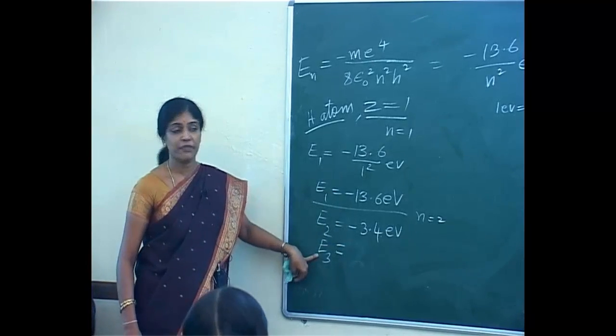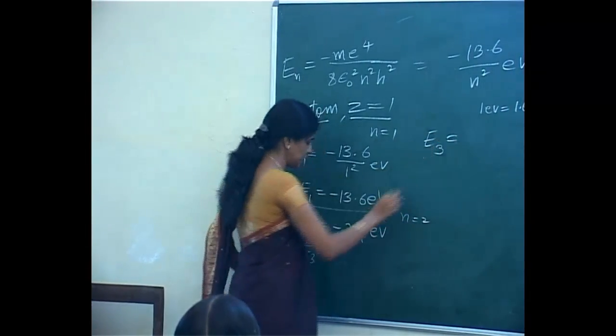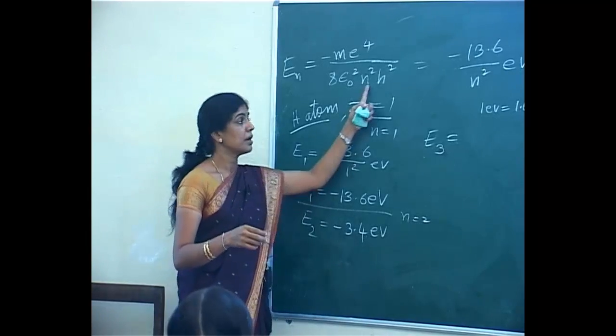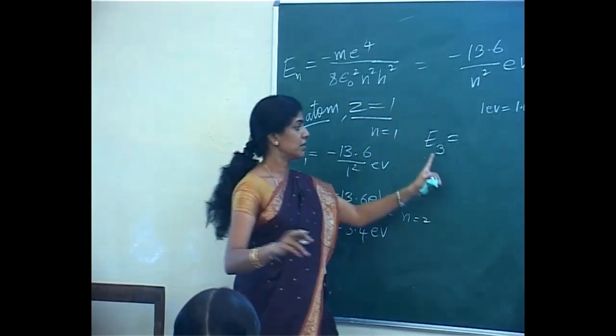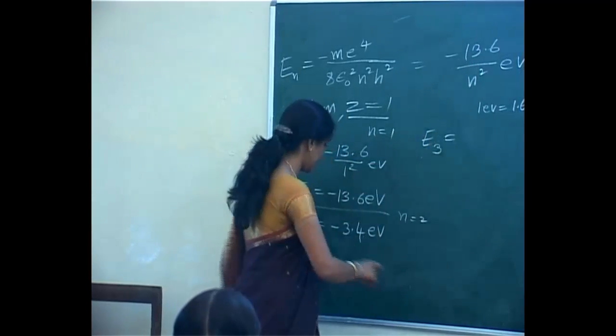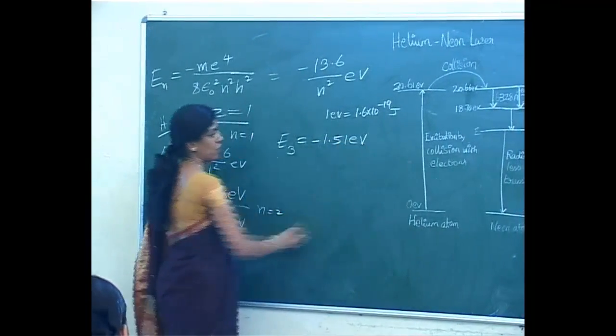In the same way, the energy of the electron when it is in its third orbit, E3: minus 13.6 by 9, since 3 square is 9. So minus 13.6 by 9 becomes minus 1.51 electron volt.